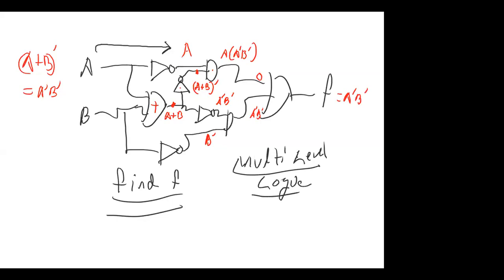What number was that? I would have said it's number 11, but it's not quite the right answer that I see in the answer key. So I'm guessing I must have copied it wrong, because I'm pretty sure the answer key is right. I think what happens here is there should be an inversion on the output here.